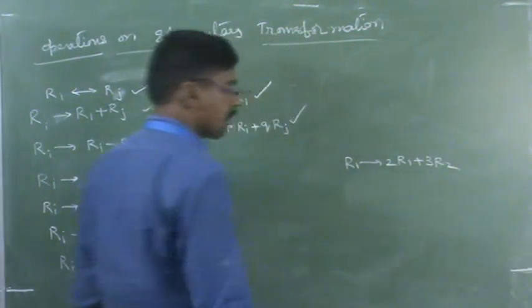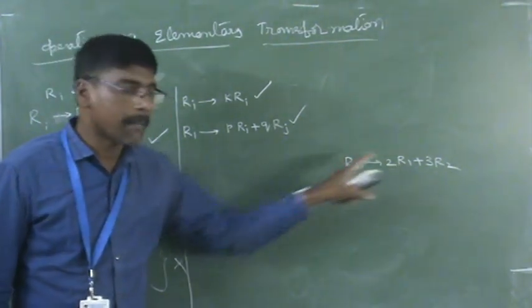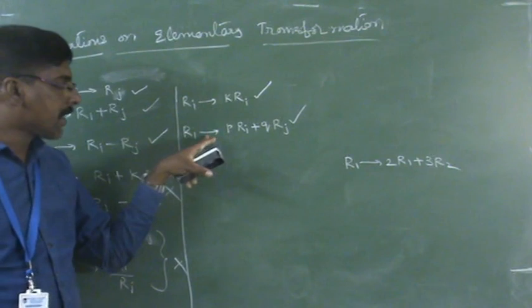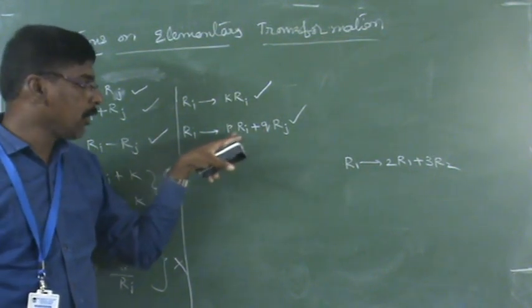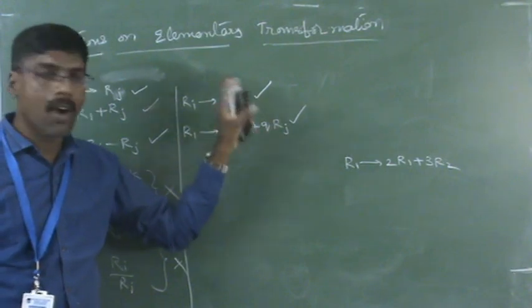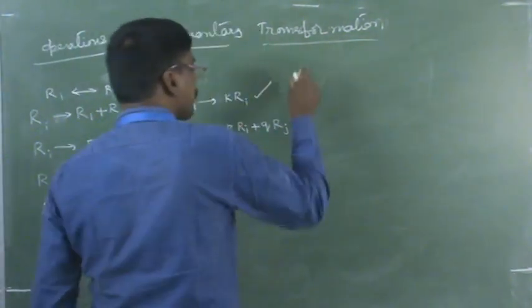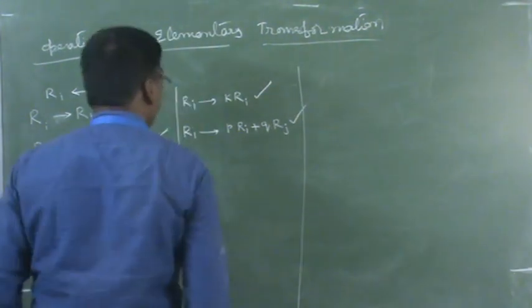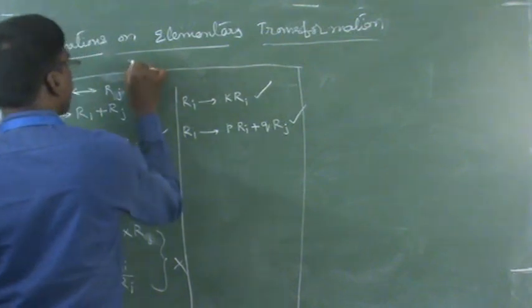Like this also existence. Very important. In the case of addition or subtraction, Ri tends to P into Ri plus Q into Rj, where P and Q are some numbers, some constants. This is also existence.